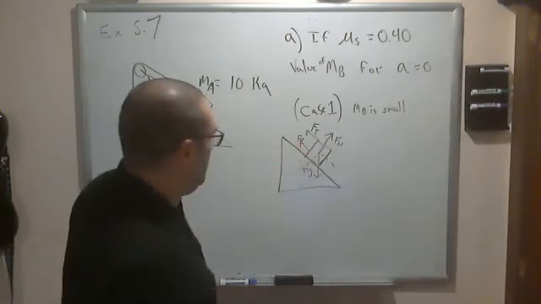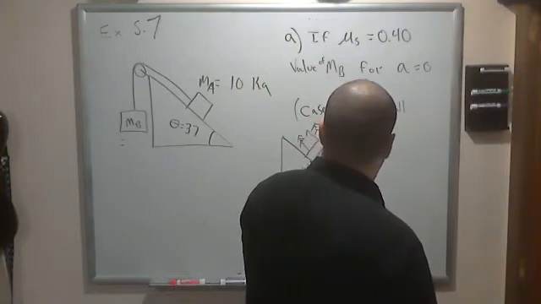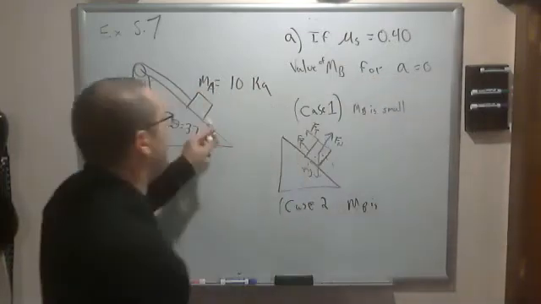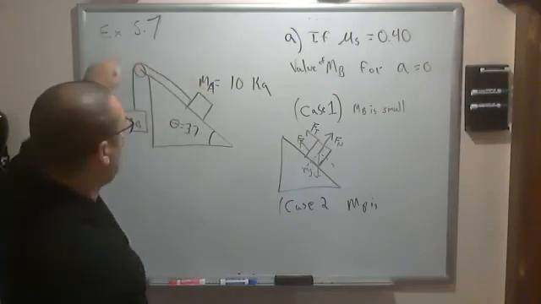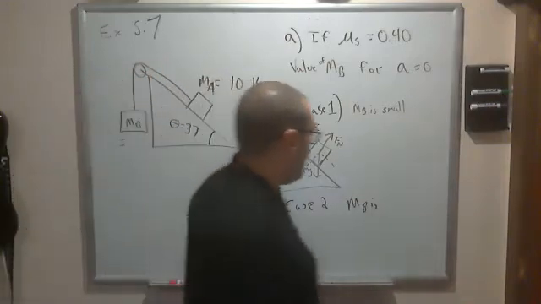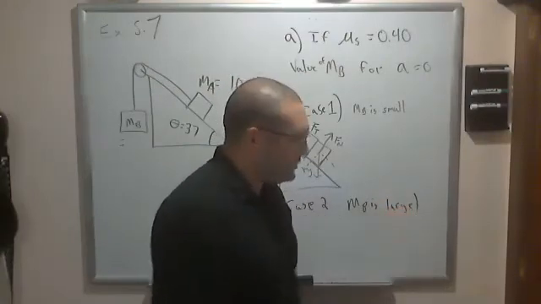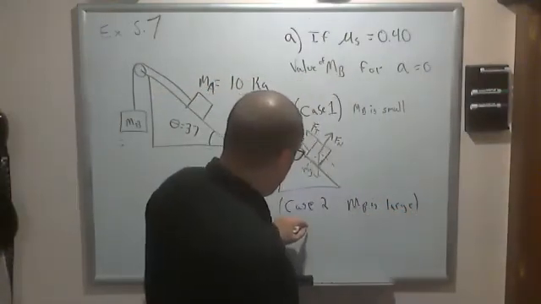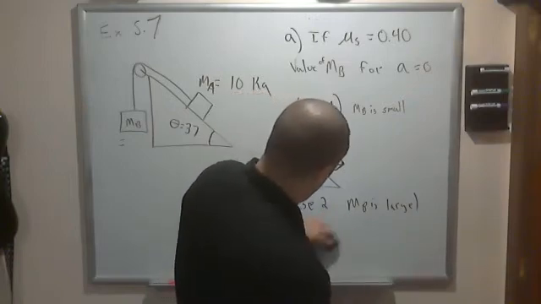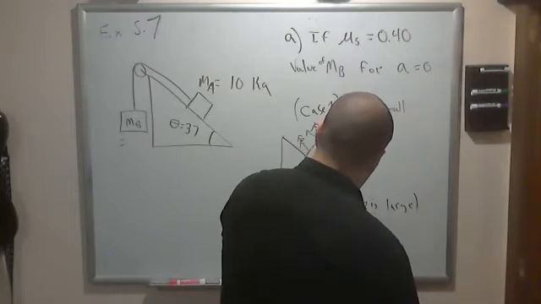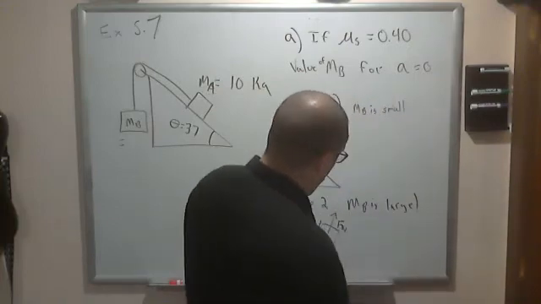In the case that MB causes a force larger than the force of friction, now if MB is large, it would pull the second block up and it will accelerate in the opposite direction, right? I'm just going to write MB is large, right? In this case, we have the Fn.